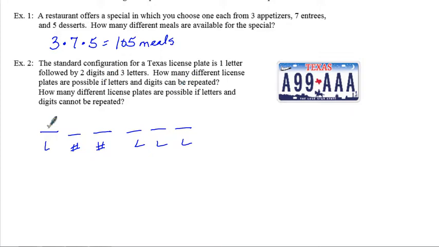How many different letters in the English language? 26. How many different numbers? 0, 1, 2, 3, 4, 5, 6, all the way to 9. That's a total of 10 different digits that you could have in this place right here. And then another 10 different digits because we're allowed to repeat those. 26 letters for this position because we're allowed to repeat, 26 letters for this position, and 26 letters for this position.